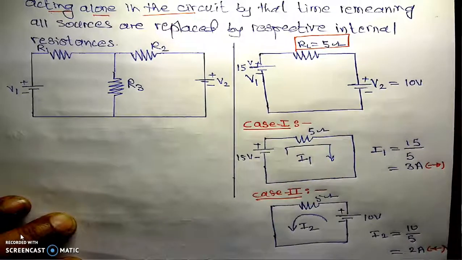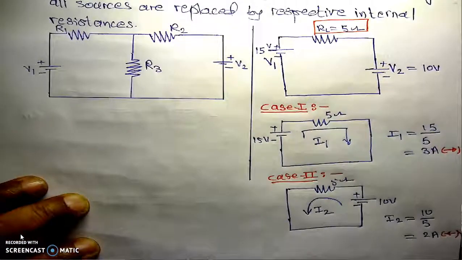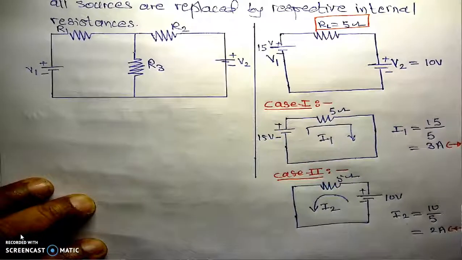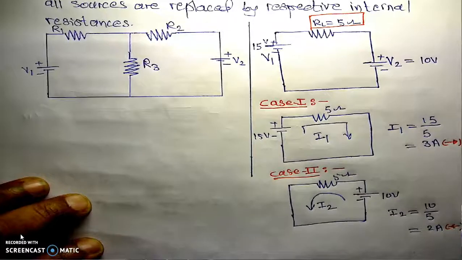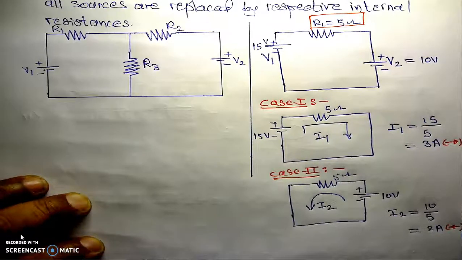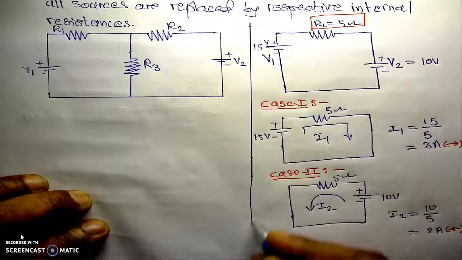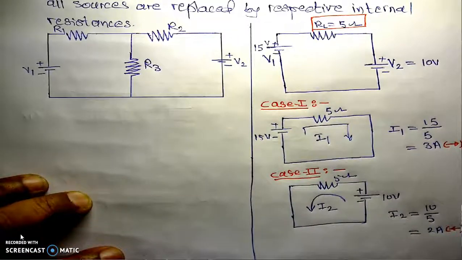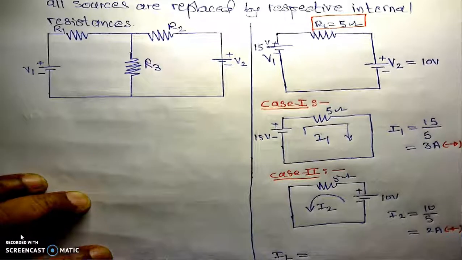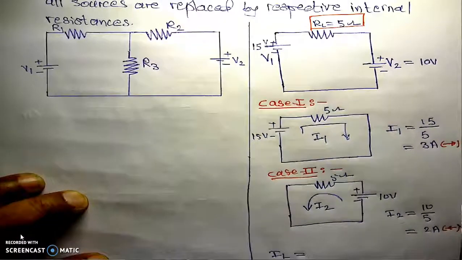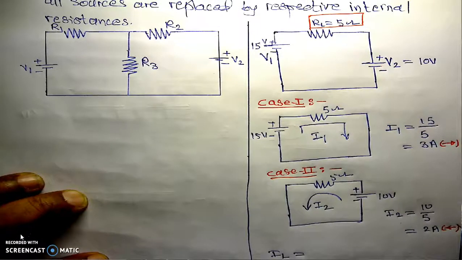Now here comes the statement of the superposition principle. What the superposition theorem says: current flowing through the load resistance is the algebraic summation of the currents when each source is considered acting alone in the circuit.